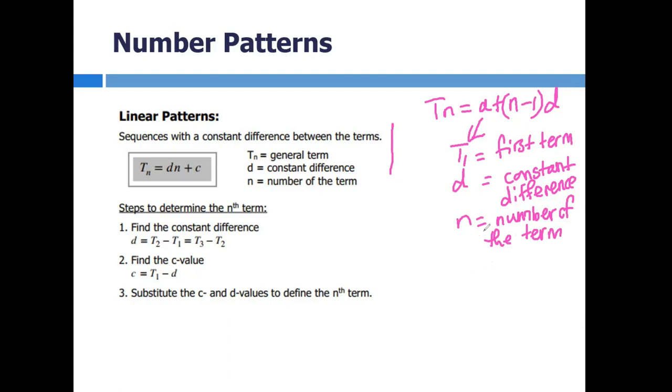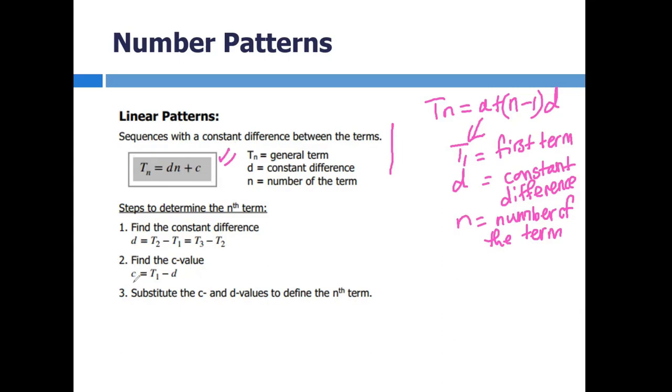It's okay. Now, going back to our normal grade 10 formula, which is Tn equal to Dn plus C. What is the first step that I take? Number one, I need to find the common difference, meaning that I need to subtract so that I see the common difference. The moment I see there's a common difference, then I can conclude that it is a linear pattern, which means I can use this formula.